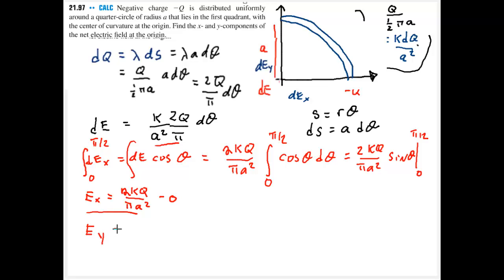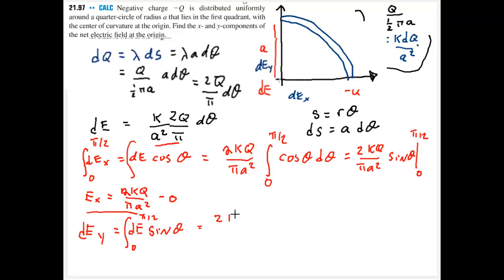Similarly, we're going to do the y component. That's going to be equal, or dEy is going to be equal to dE multiplied by, in this case, sine theta. We want to get Ey, so we're going to integrate from 0 to pi over 2.